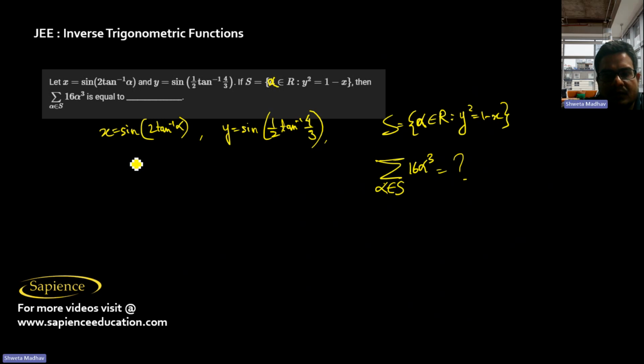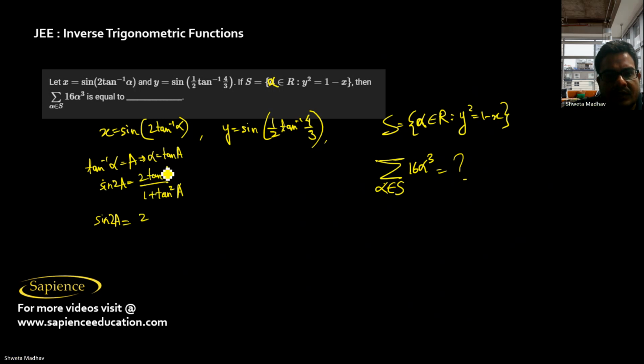So here suppose if I take tan inverse alpha as A, then sine 2A, we know, is 2 tan A by 1 plus tan square A. So from here alpha will be equal to obviously tan A. So tan inverse alpha is A. So then sine 2A will be equal to 2 tan A, and tan A is alpha, so 2 alpha by 1 plus alpha square.